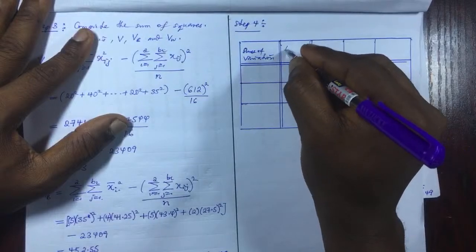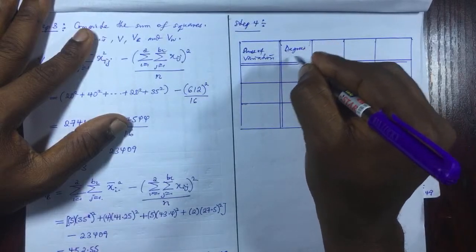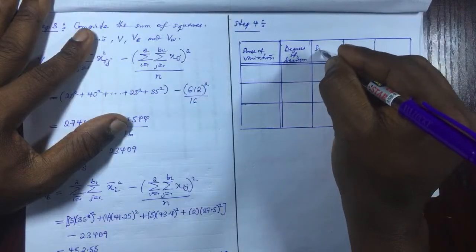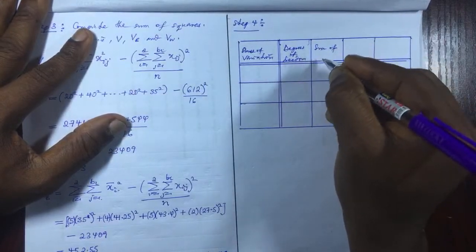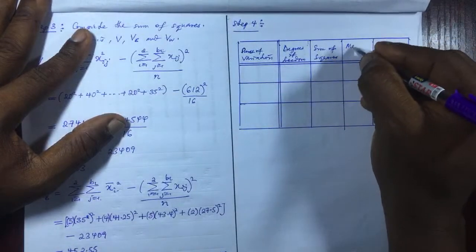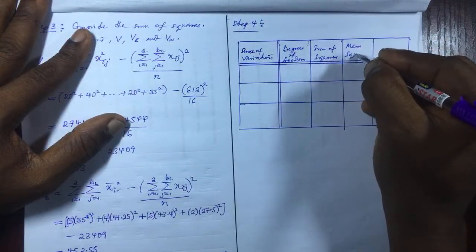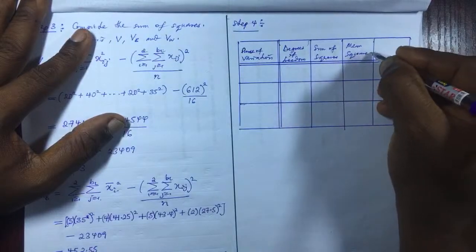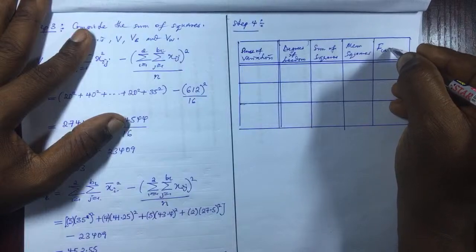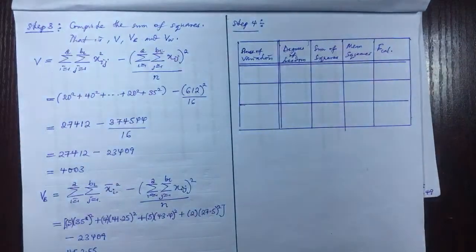Second will be degrees of freedom. The third will be sum of squares, and this will be mean squares, and the final will be your F computed or calculated, whichever one you want to call it, or F ratio. You will still be right.